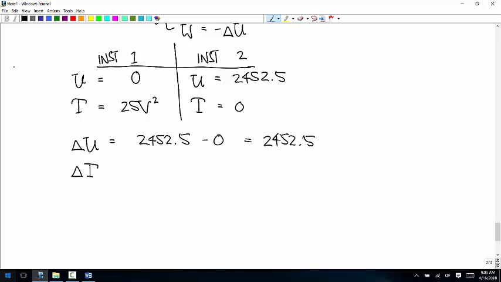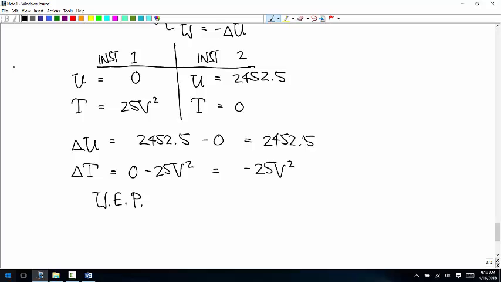The change in kinetic energy is 0 minus 25v squared, so negative 25v squared. And now we can put that into the work energy principle.